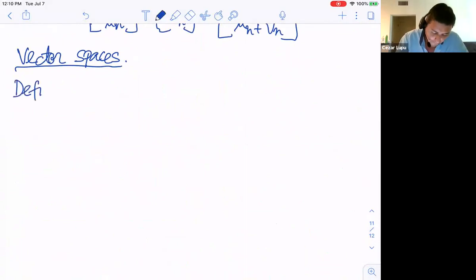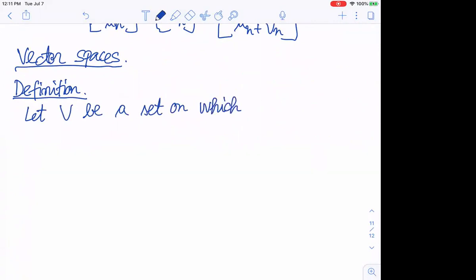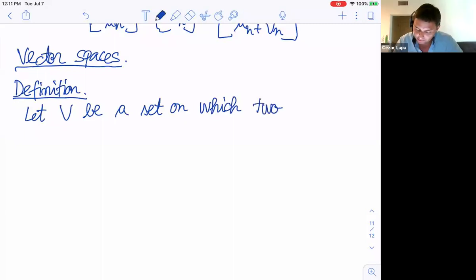So definition. And then we'll see a couple of examples because I forgot to, for some reason, put this in my notes. And I don't recall why, but anyway. So the definition is the following. Let V be a set on which two operations, and this is very important, two operations, are defined.